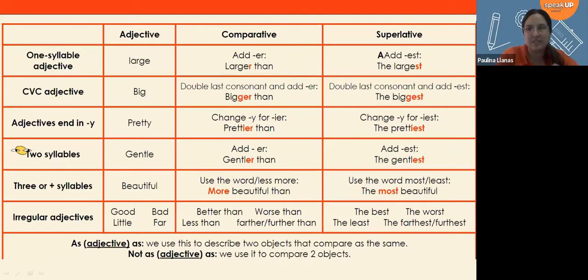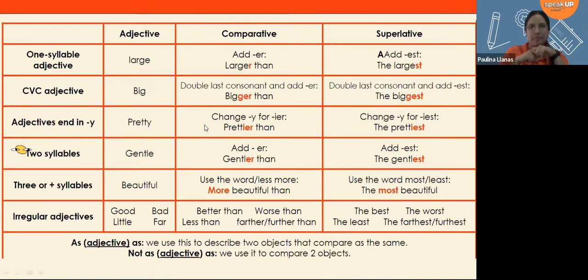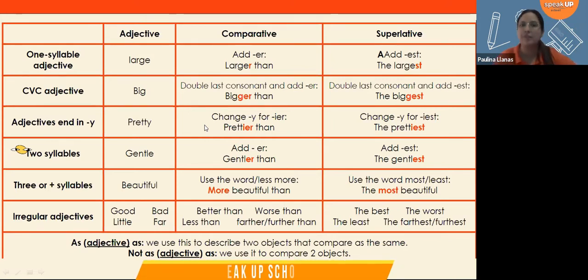This chart is very big, okay? Now, in this chart, I explain how to make an adjective into a comparative, and how to make an adjective into a superlative.